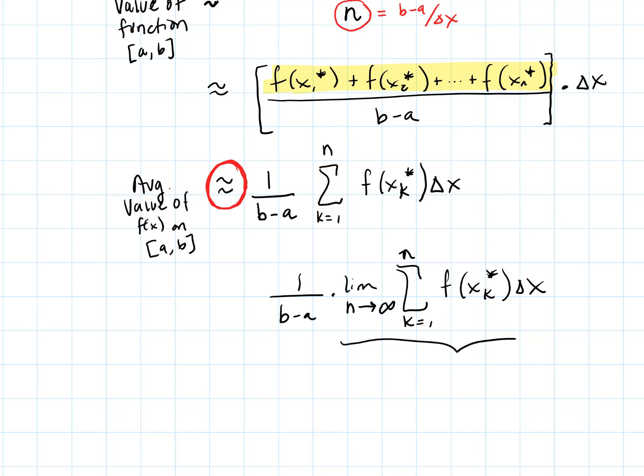Now, notice that this is a Riemann sum. And a Riemann sum is a definite integral.